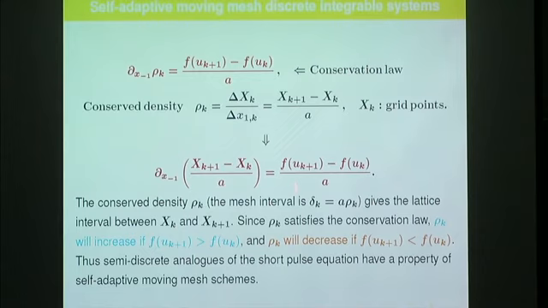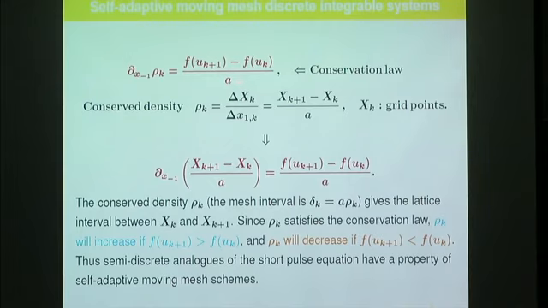than f of u_k. So this means, if the right-hand side is positive, then the derivative of l_k becomes positive. This means l_k increases. Then if f of u_{k+1} is less than f of u_k, the derivative of l_k becomes negative, and this means l_k decreases.